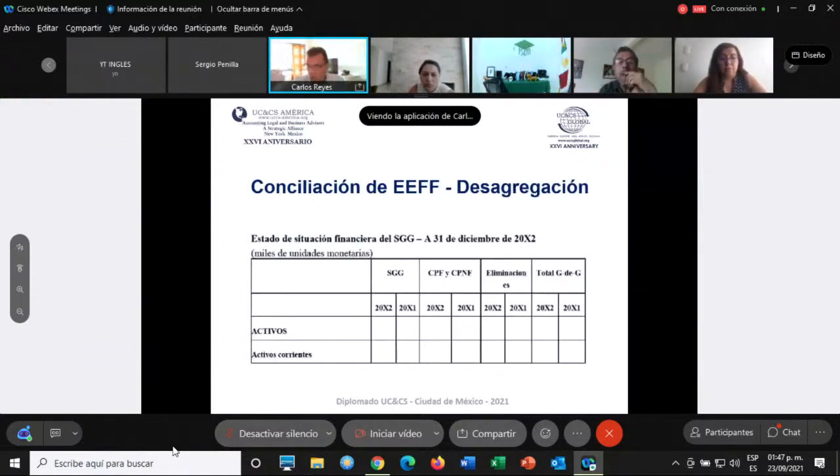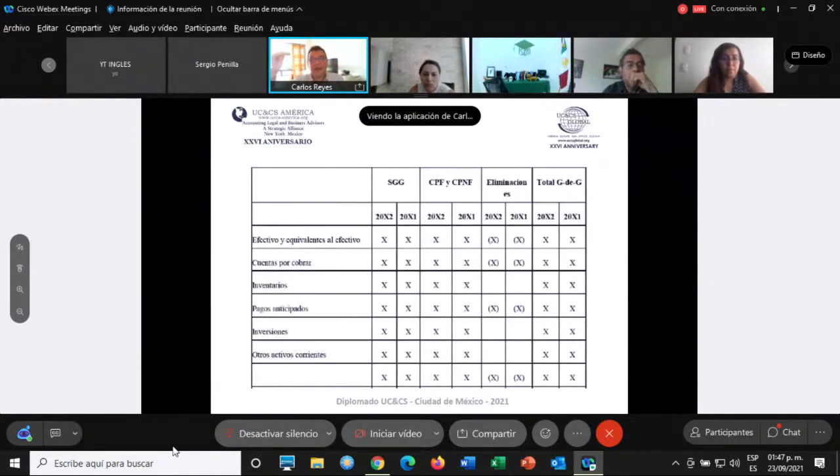So we have assets with all the categories. Current asset, equivalent, accounts receivable, inventories, anticipations, other current assets. Very similar, as we can see, to what we know in NICPs for those trading companies.